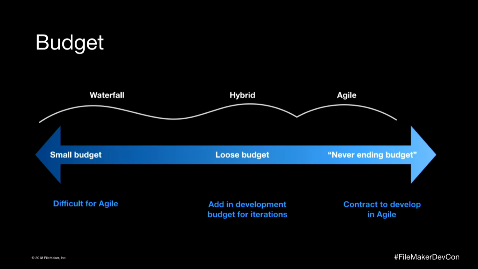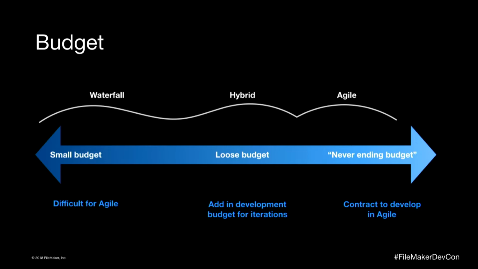So again, you can have anywhere from a small budget to a never-ending budget. And really, when we talk about a never-ending budget, it's not that you don't have ever a budget, but it's just that you're going to probably be having to prove out what you're building is going to have a return on investment.